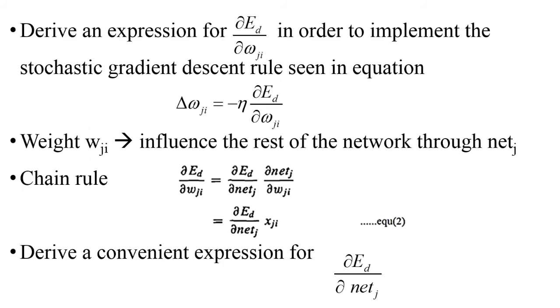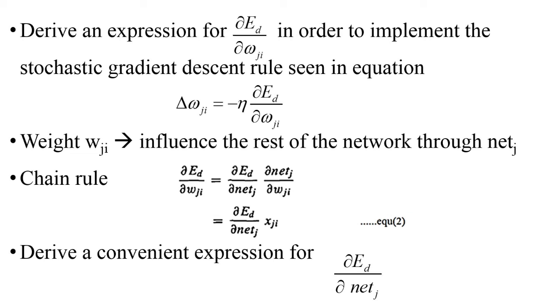We will derive an expression for ∂E_d/∂w_ji, that is, the total error derivative with respect to weight w_ji, in order to implement the stochastic gradient descent rule. As seen in the equation, Δw_ji is equal to minus η ∂E_d/∂w_ji.